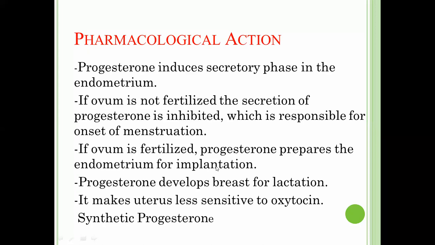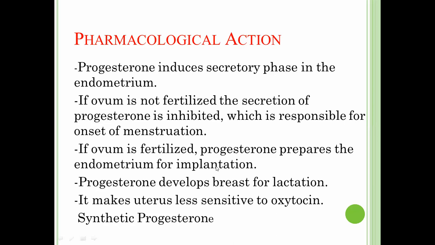Oxytocin is a peptide hormone. It is produced in the hypothalamus and released by the posterior pituitary, and it plays a role in reproduction, childbirth, and the period after childbirth. So this progesterone hormone makes the uterus less sensitive to this peptide hormone, which is responsible for childbirth.